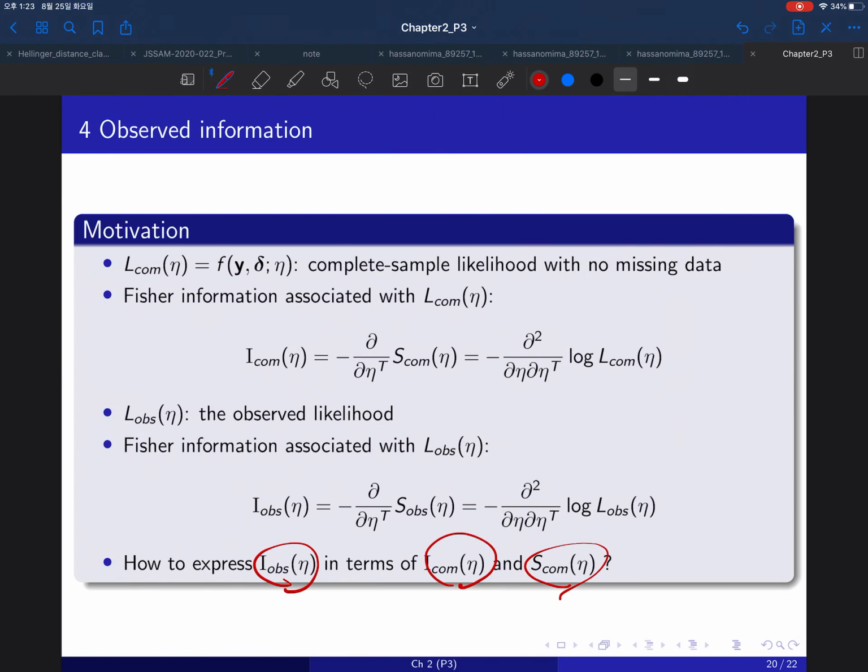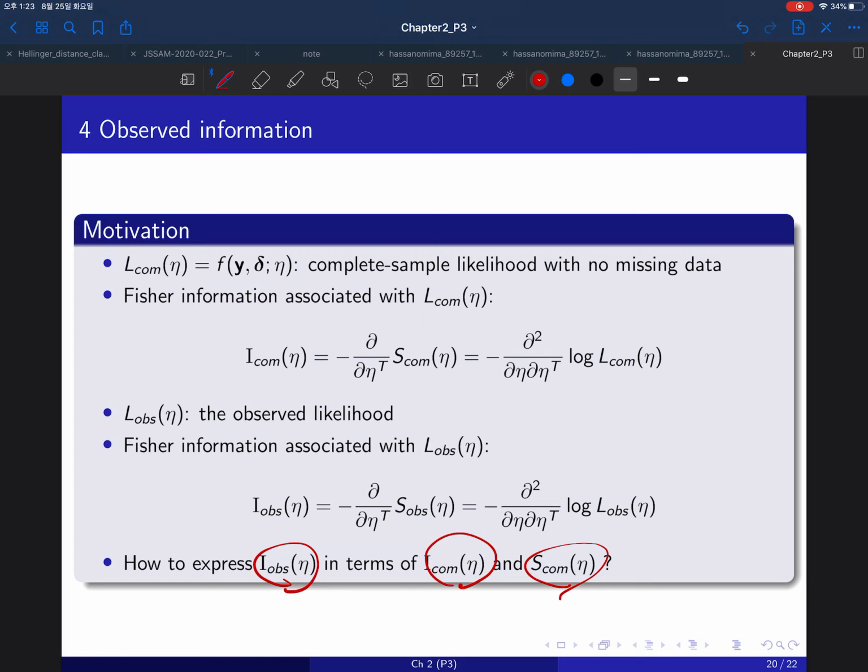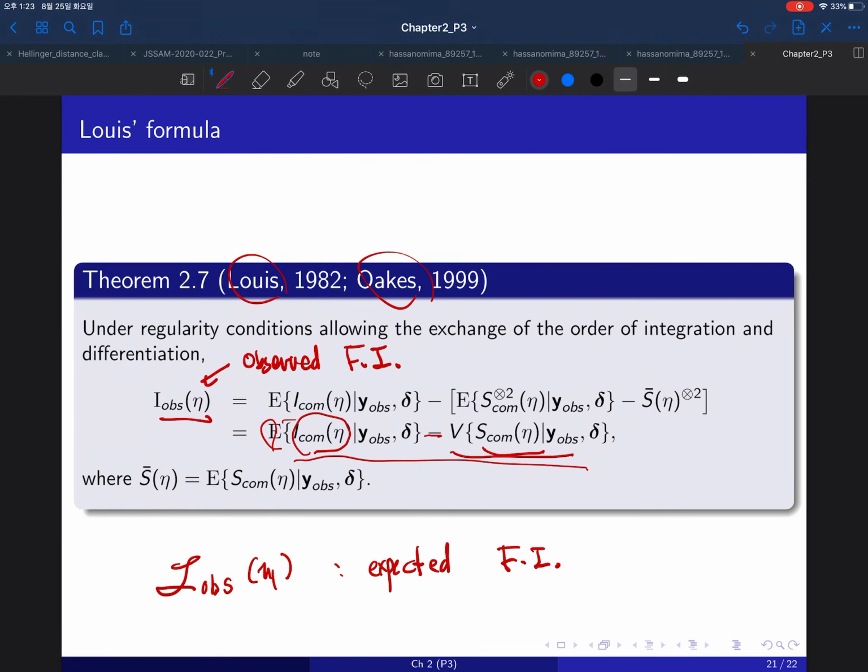And the point is that it's better to use the observed Fisher information to compute the variance estimation of the MLE. So we want to use this, and so the goal is to compute the observed Fisher information.